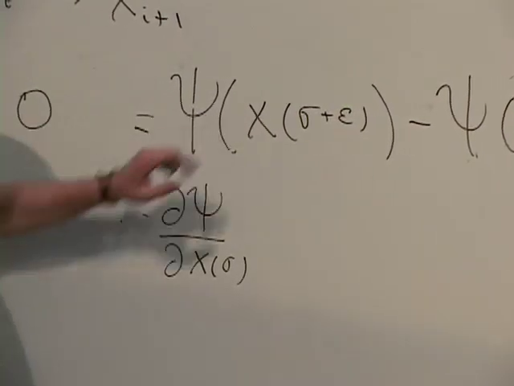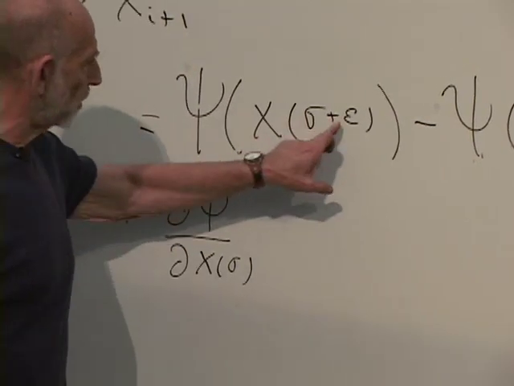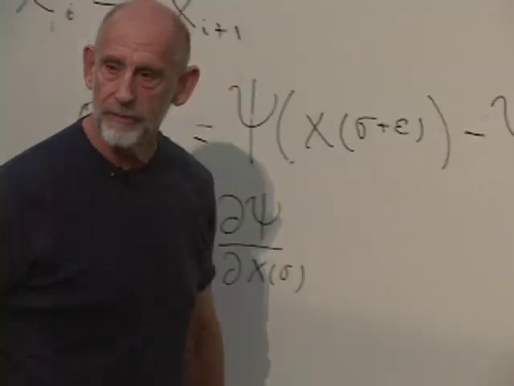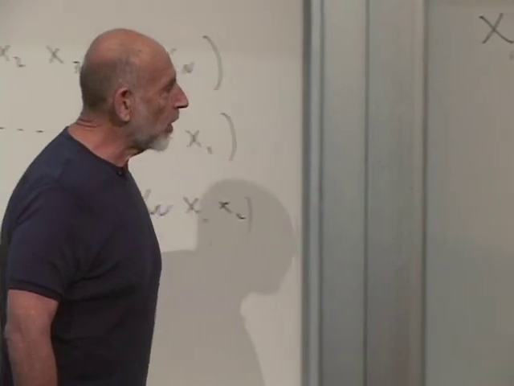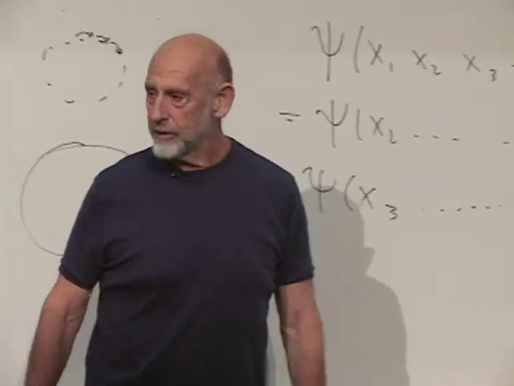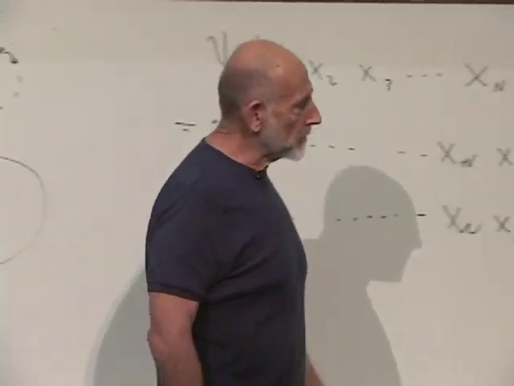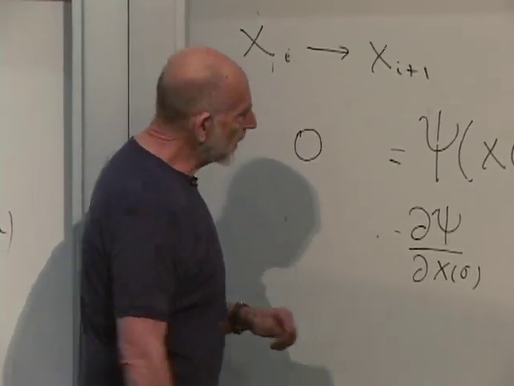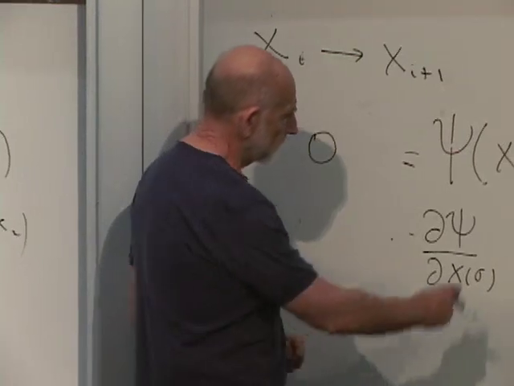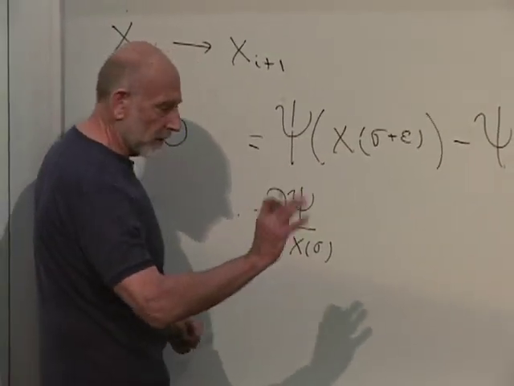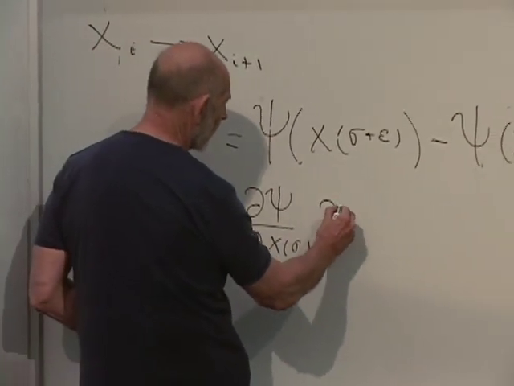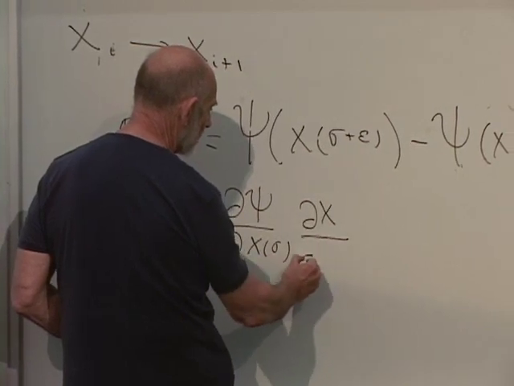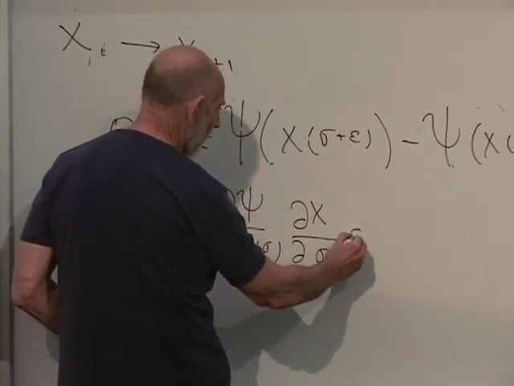How much does x change in going from x at sigma plus epsilon to x at sigma? Partial of x with respect to sigma times epsilon. So this is the change in psi when you change x at sigma, times the change in x when you shift sigma a little bit, and that's just the derivative of x with respect to sigma times epsilon.